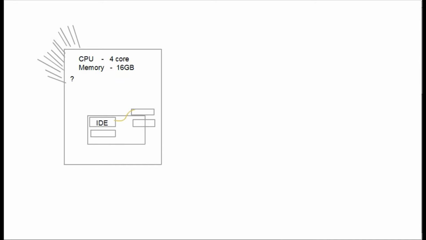I can connect two hard disks to one IDE controller. In that case, I can have a few more disks like this connected to another one. There are two IDE controllers, and you can connect like this.